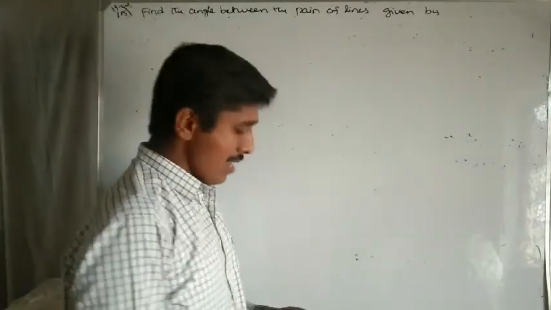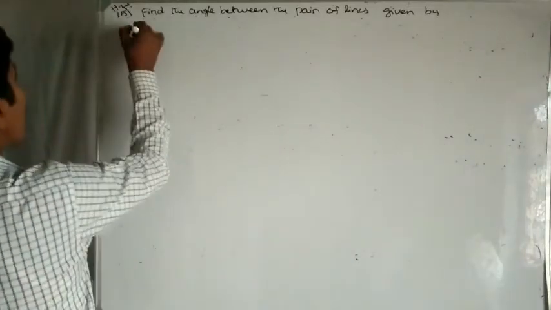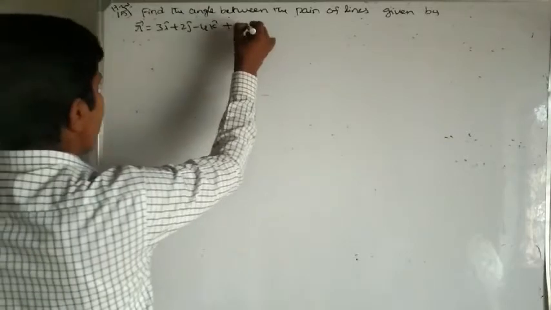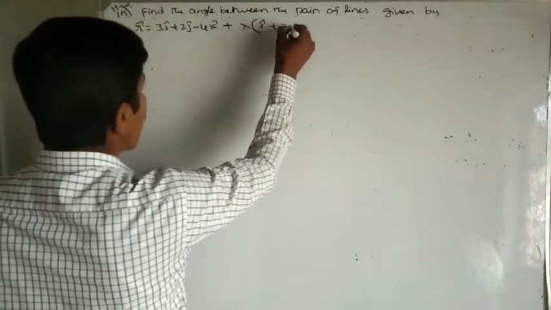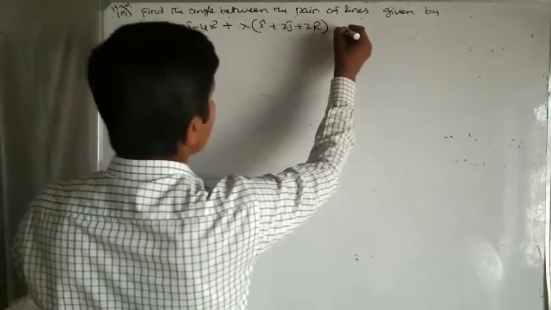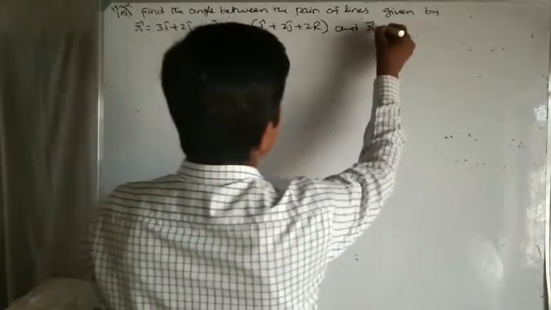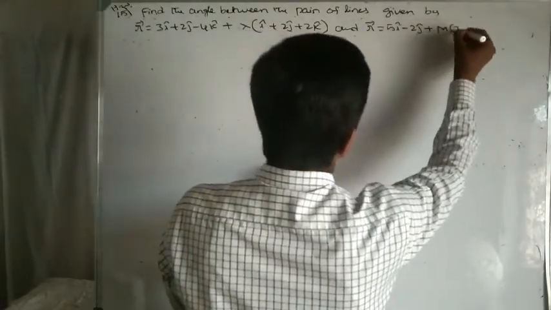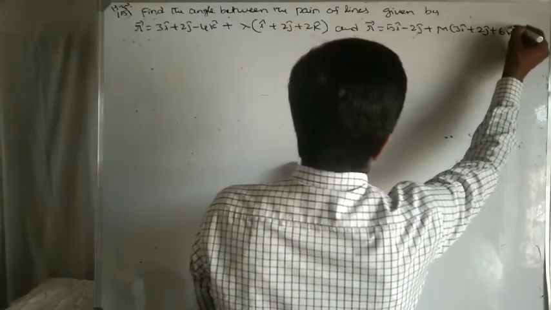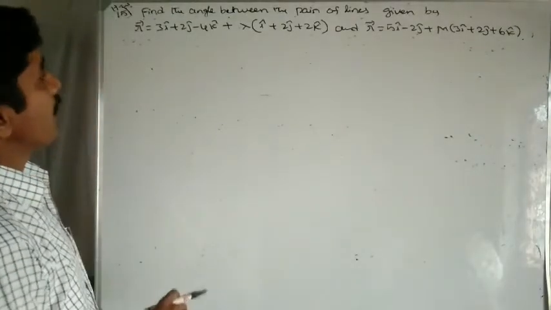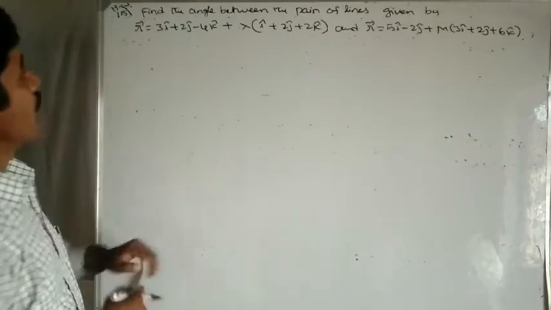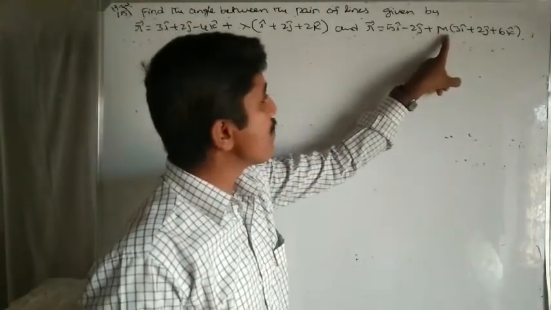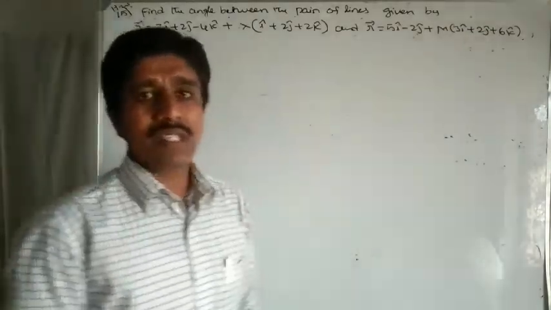Find the angle between the pair of lines given by vector r equal to 3i plus 2j minus 4k plus lambda of i plus 2j plus 2k, and vector r equal to 5i minus 2j plus mu of 3i plus 2j plus 6k. Take this for home assignment. We have to find the angle between the two lines.